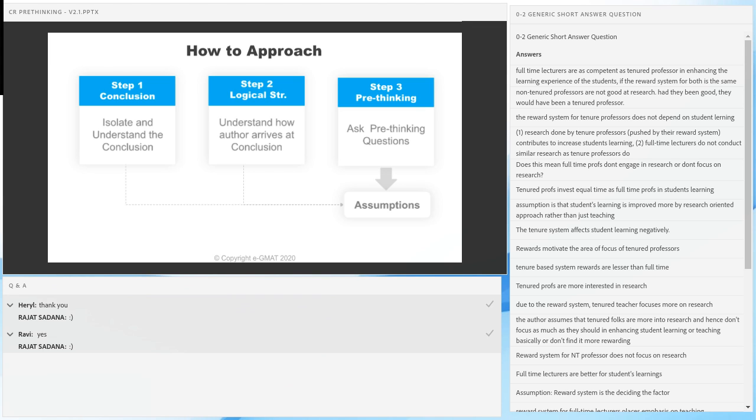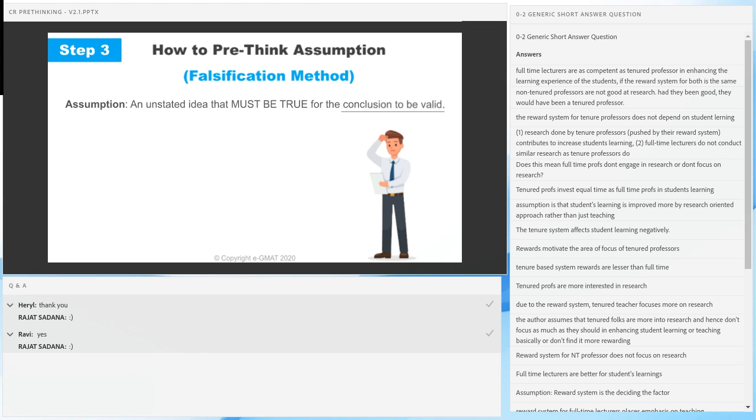Now, let's talk about this pre-thinking question over here. Okay. Now, what is an assumption? An assumption is an unstated idea that must be true for the conclusion to be valid. So it satisfies this must-be-true condition, and you can't infer an assumption from the argument.